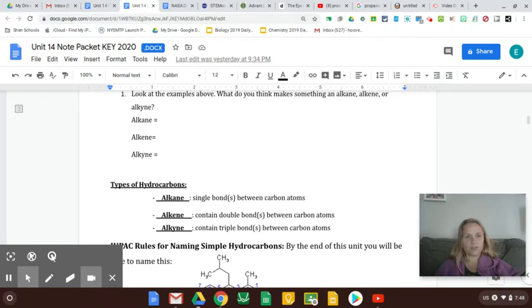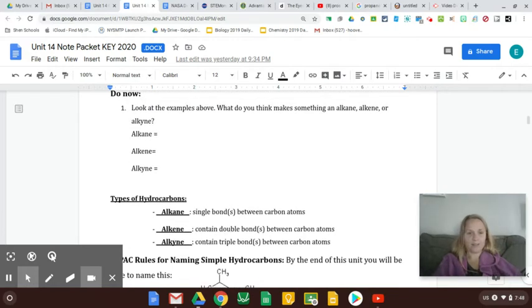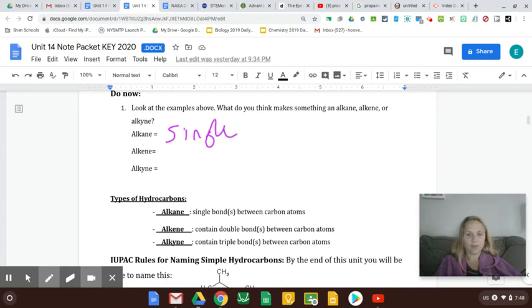All right, so if you guessed, alkanes have all single bonds between them. Alkenes have double bonds, and alkynes have triple bonds. You figured it out. All right, so alkanes, all single bonds. Alkene contains at least one double bond, and that's between the carbons.